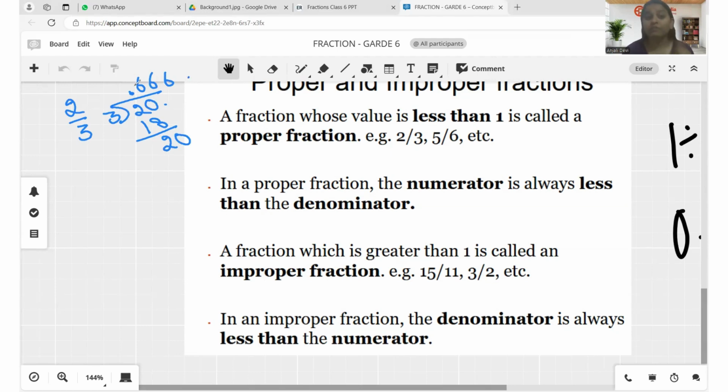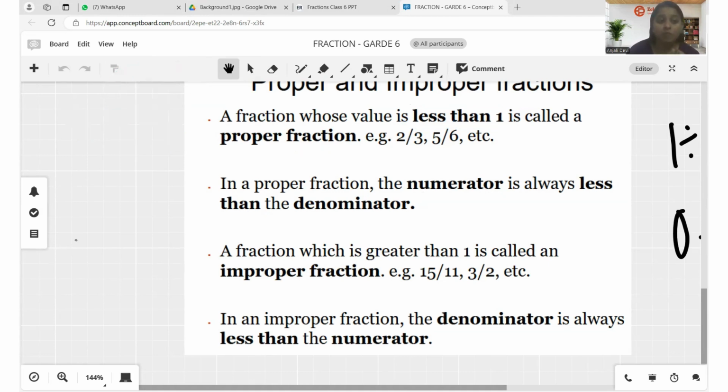So you see the value of the quotient is going to be less than 1. That is why we say that in proper fractions the numerator is always less than the denominator, and these proper fractions have a value which is less than 1. Why do we say this is less than 1? Because of this quotient being 0.666. Before the point we have 0. That is the reason.